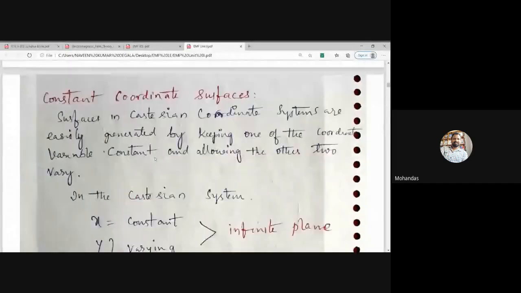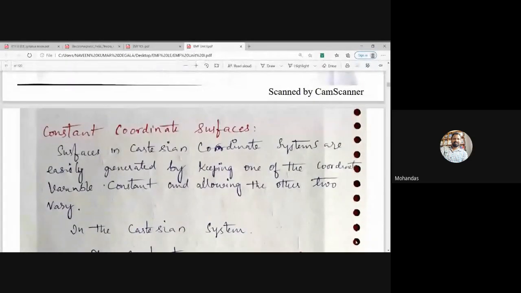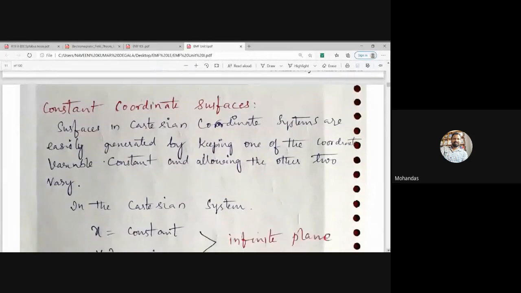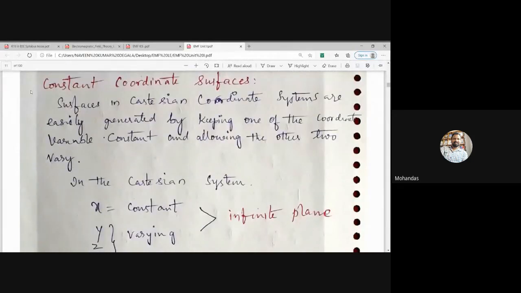By keeping one of the coordinate variables constant and the other two coordinates changing. Okay, so just now I shared the PDF which we discussed in the beginning while discussing these coordinate systems. Before solving this problem, let me review this one.